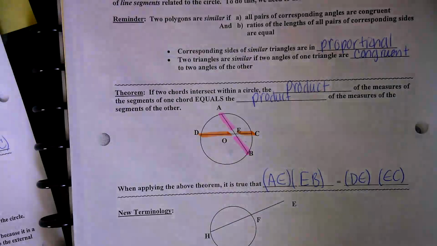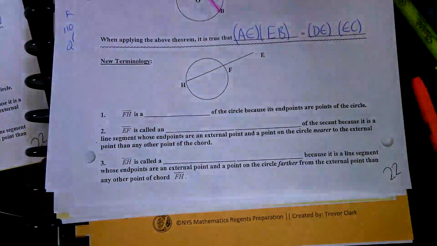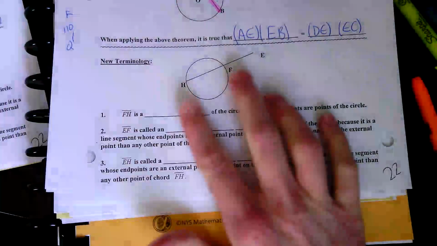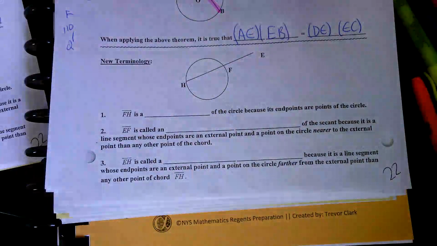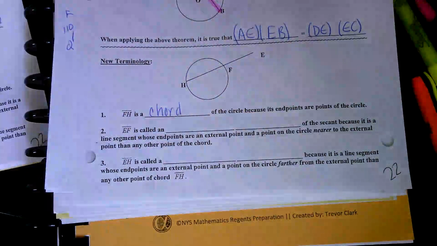Let's take a look at some vocab words, some terminology. FH is a chord of the circle because its endpoints are points on the circle.